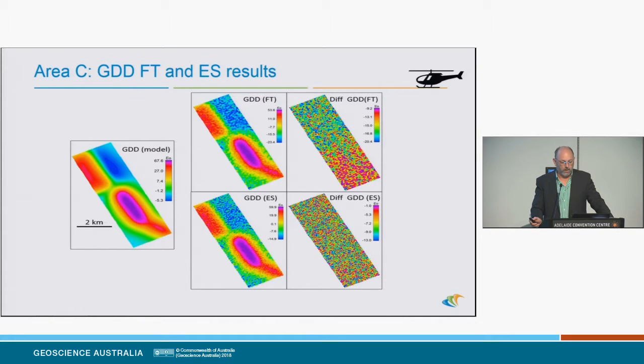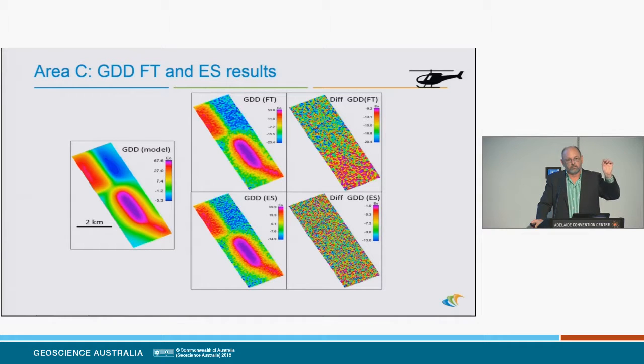Area C, now we're flying in a helicopter, but over gentle terrain. The Fourier transform result is here, the equivalent source result is here. They look pretty similar. The differences between them look pretty similar, except this time, as I advertised earlier, the Fourier transform result has got a slope in there.